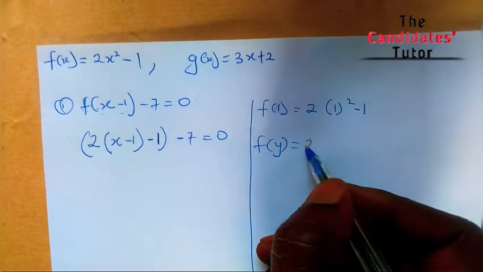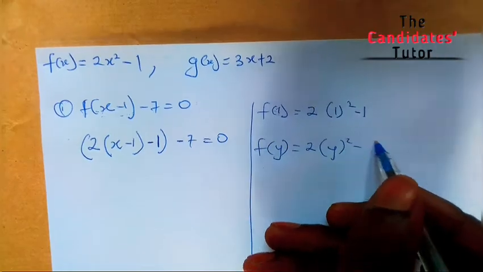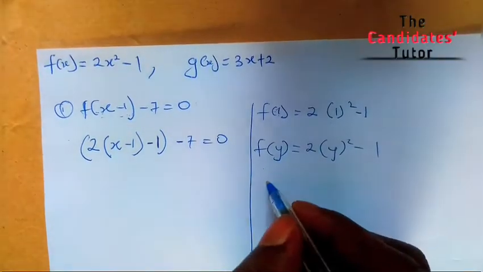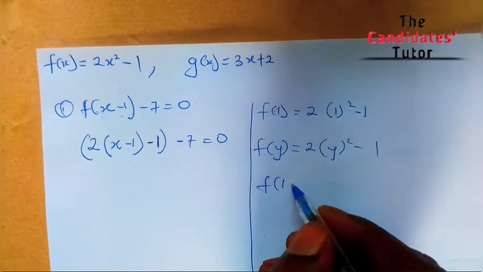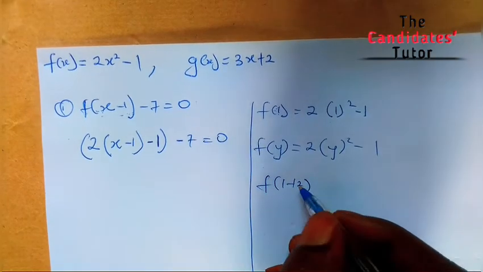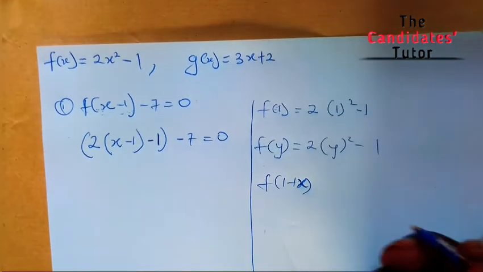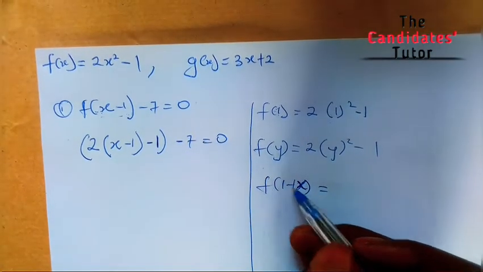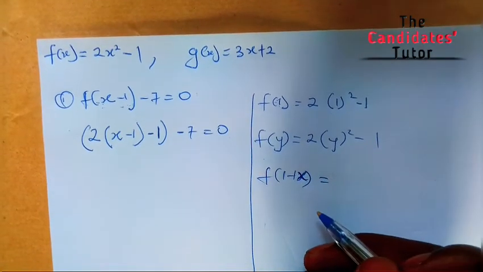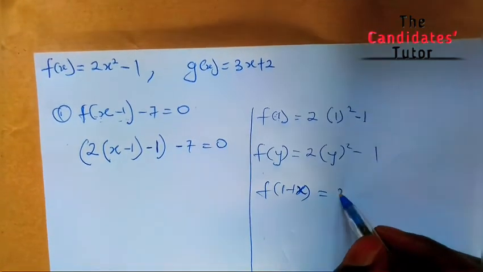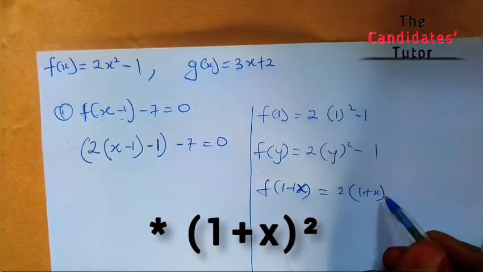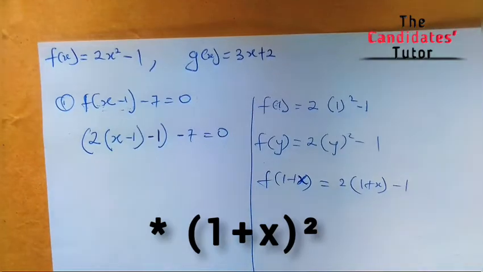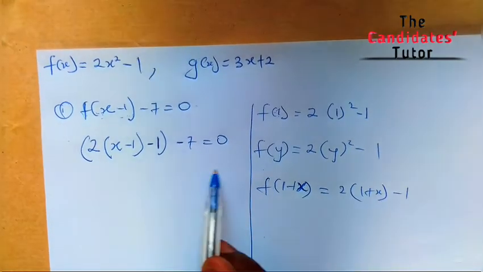So you're going to have 2 into bracket y squared minus 1. If you're given f of, let's say, 1 plus x, it means that wherever we see x, you're going to put 1 plus x there. So we are going to have 2 into brackets 1 plus x squared minus 1. Hope you understand. That's the same concept I have used here.